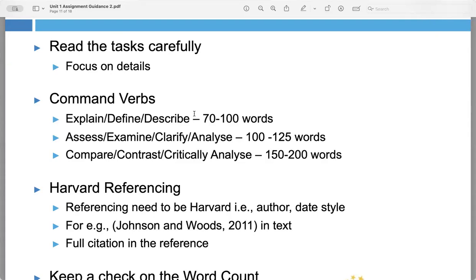This attention to detail will help you create a well-referenced assignment that adheres to the Harvard reference system and demonstrates academic integrity. Plagiarism is the act of using someone else's words, ideas, or work without proper acknowledgement or permission and presenting them as your own.